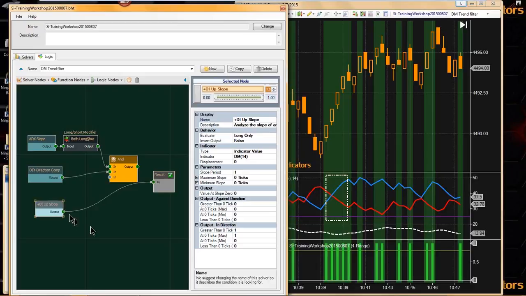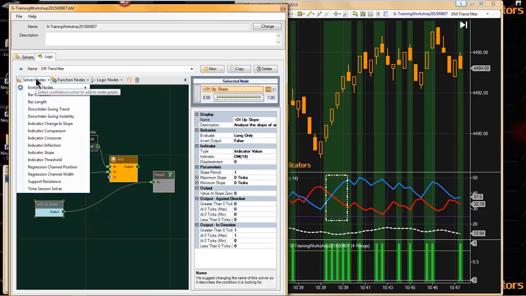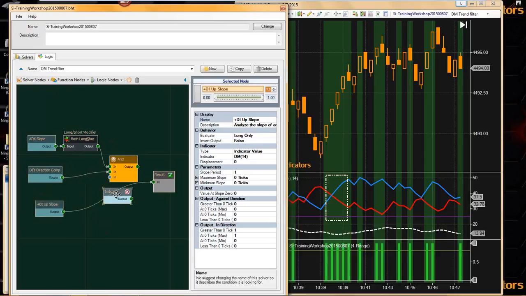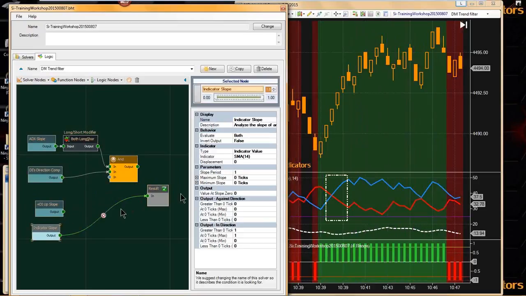Alright, so let's grab another slope solver to look at the DI minus. Okay, so this is going to be the minus DI in an upslope, like so.